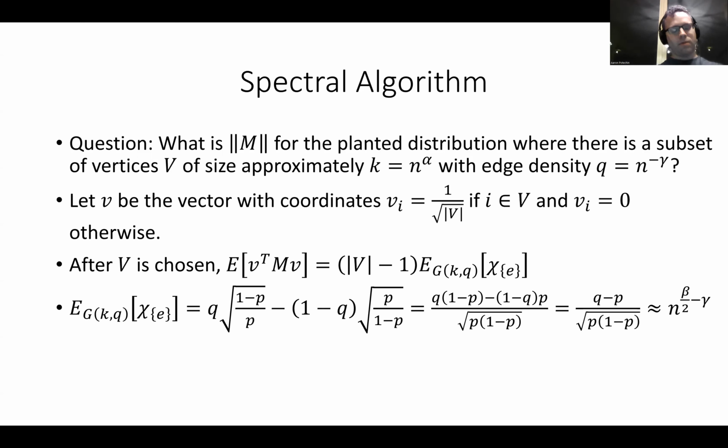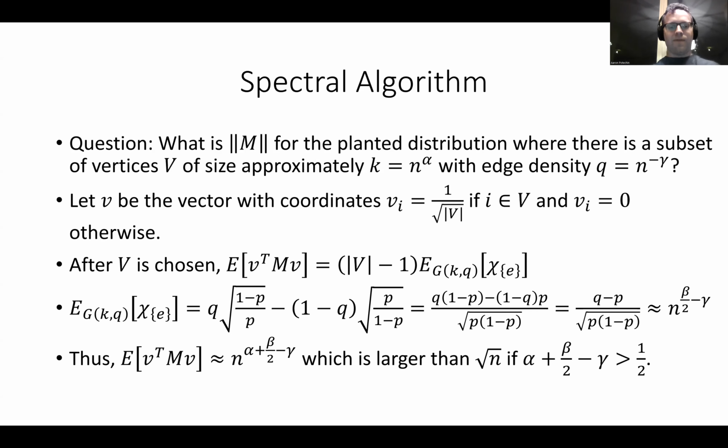And then it's not hard to check that the expected value over G(k,q) of chi-E is equal to (q minus p) over the square root of p times (1 minus p), which is approximately equal to n to the beta over 2 minus gamma, where the beta over 2 comes from the 1 over square root of p term, and the minus gamma comes from the q in the numerator.